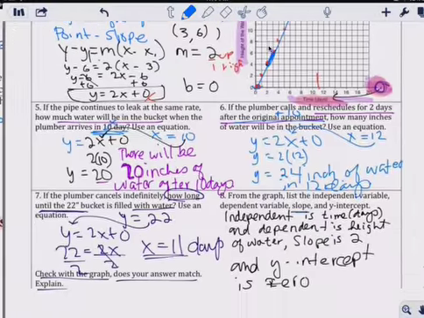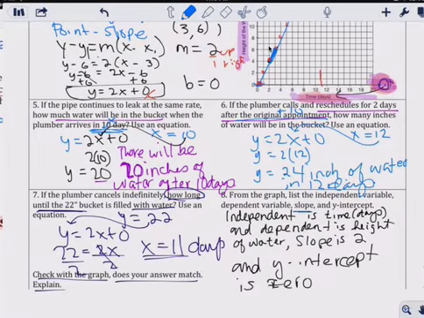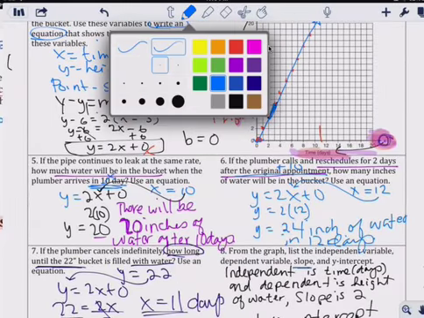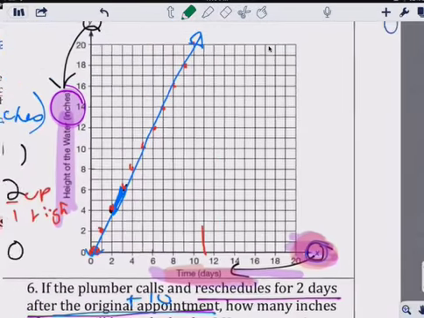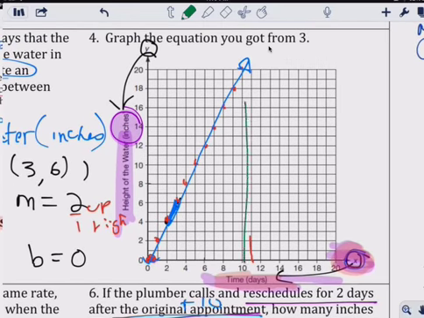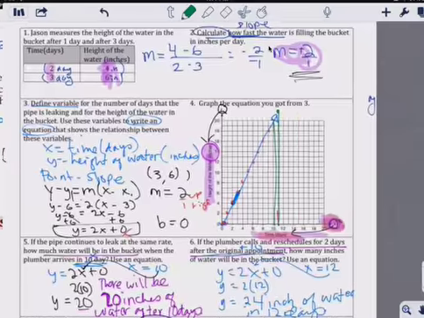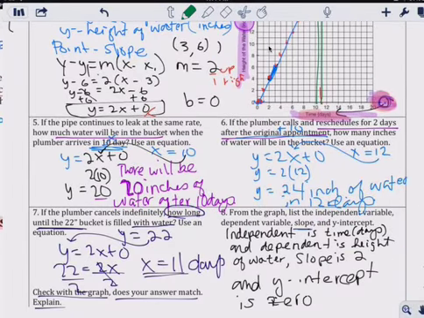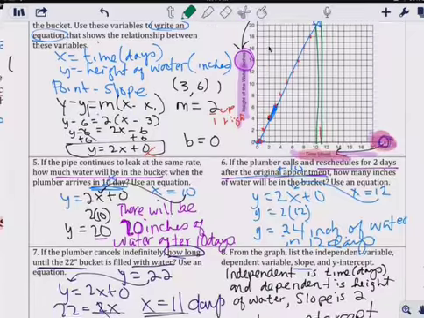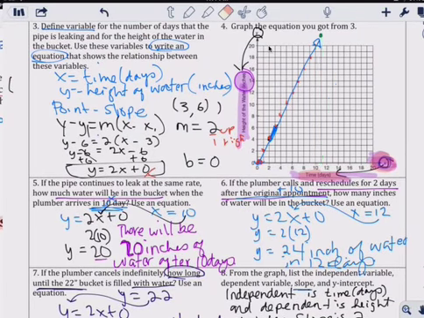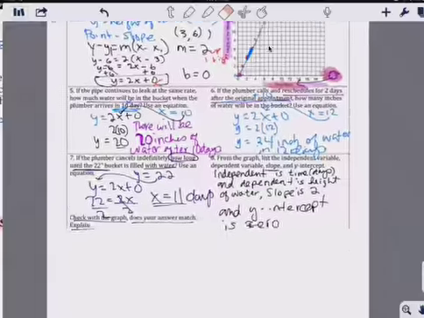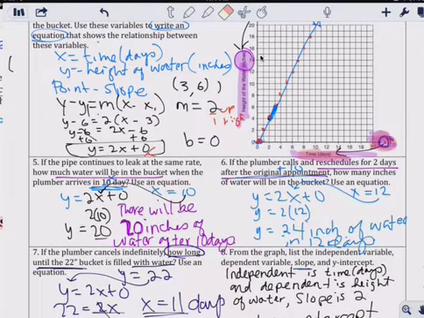Okay. 11 days. Look at 11 days. Let's look at the graph. Here's 11 days. Okay, 20. That's 10. 11. Probably going to be 21. 22, I mean. It makes sense. Okay? Now, that's it. That was your homework.